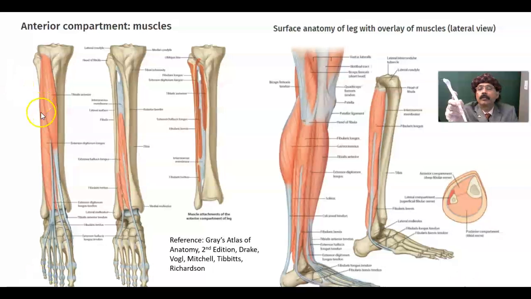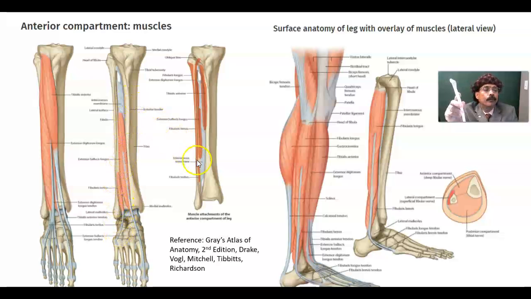Here is the extensor digitorum longus, and this is the extensor hallucis longus. They are coming from the fibula. Here also we have the fibularis tertius muscle, a small extensor muscle.